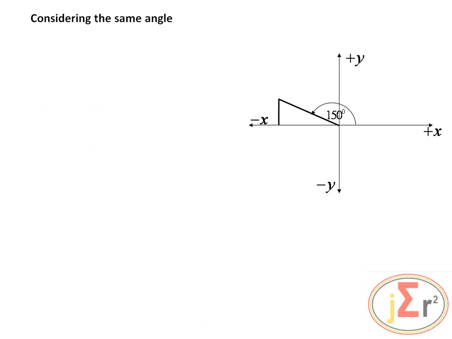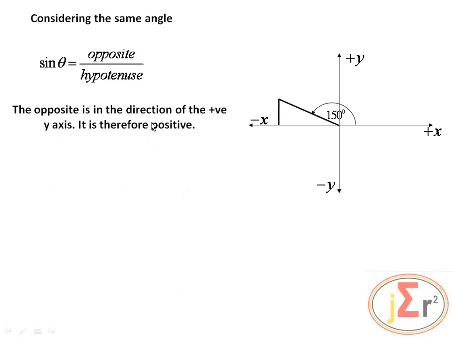So we are considering the same angle now. What do we know? Sine is opposite over hypotenuse. The opposite is in the direction of the positive y-axis. It is therefore positive. So this is the opposite. And notice it goes right up, and up is in the direction of the positive y-axis.